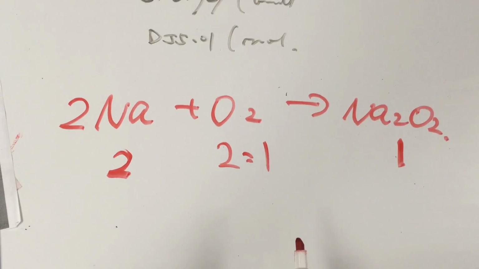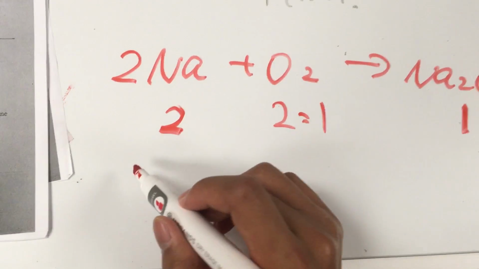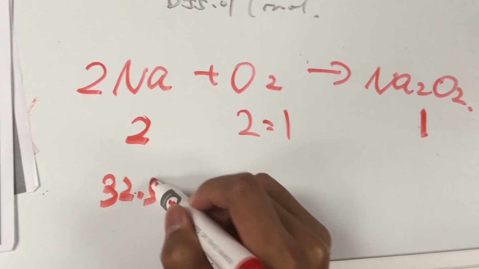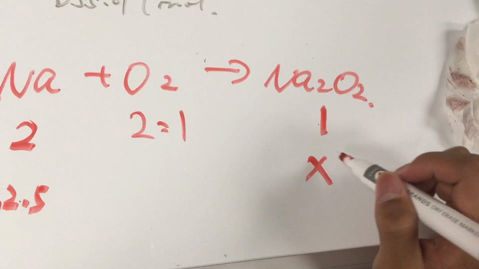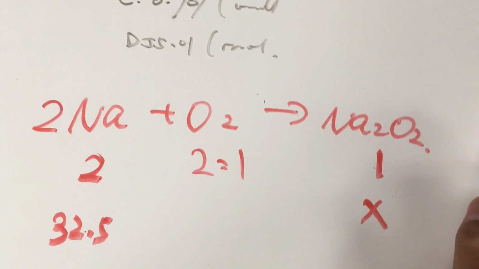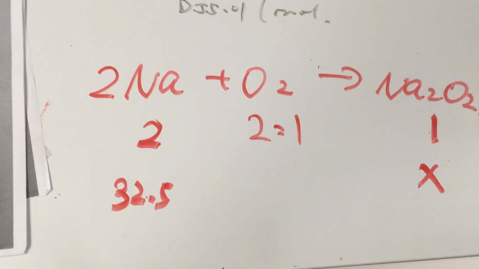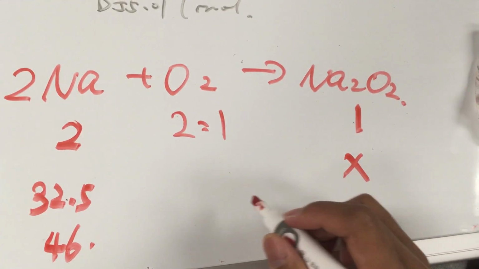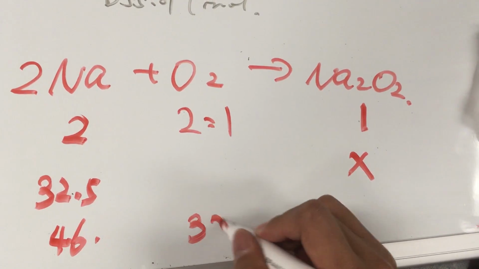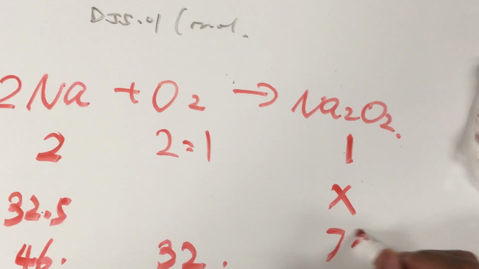The mass of the sodium reactant is 32.5. The molar mass of sodium is 46, oxygen 32, and sodium peroxide is 78.